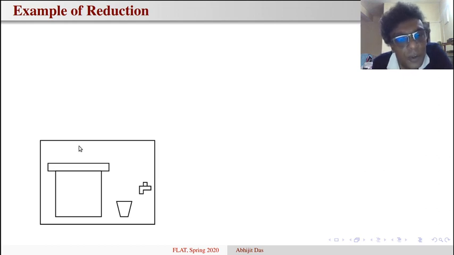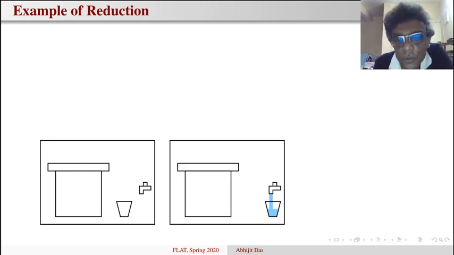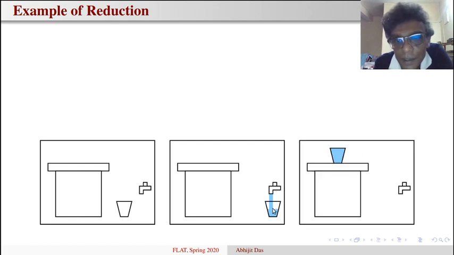Okay, so there is a room containing a table, a bucket and a tap. The mathematician is asked to put the bucket full of water on the top of this table. What he naturally does, he goes to the tap, fills the bucket with water and then puts the full bucket on the top of the table.